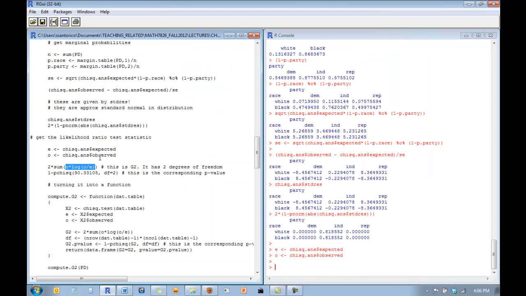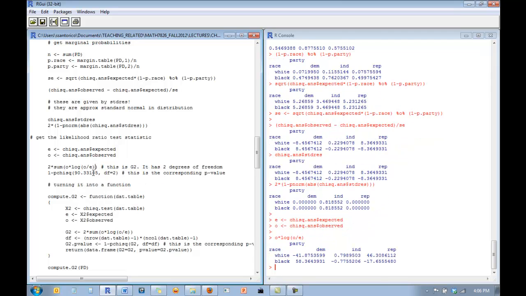Observed times the log, this is the natural log, and then in parentheses I've got observed divided by expected. If I just highlight and execute that one piece, you'll notice it gives me those values for all of my 6 cells, and what I actually need to do is sum them up.